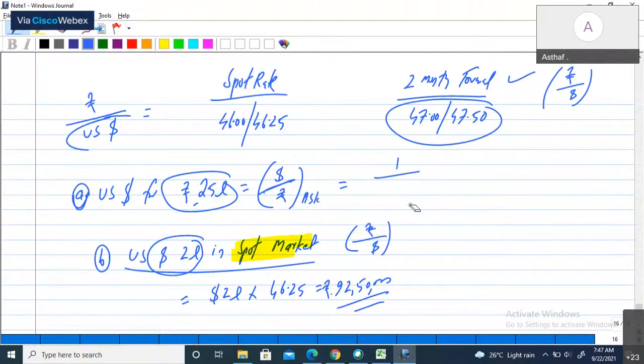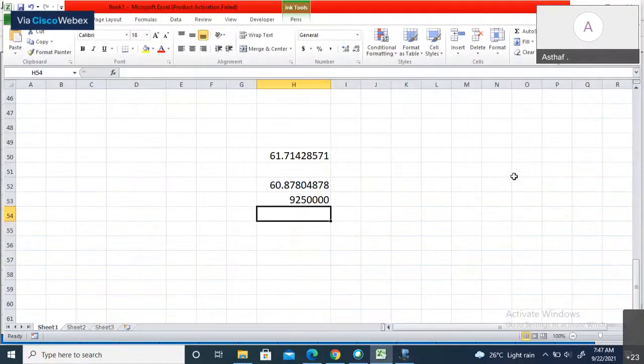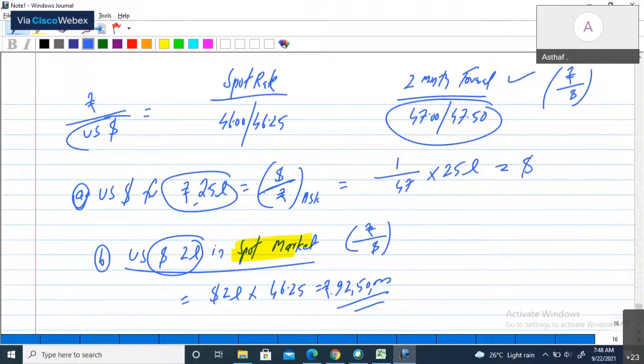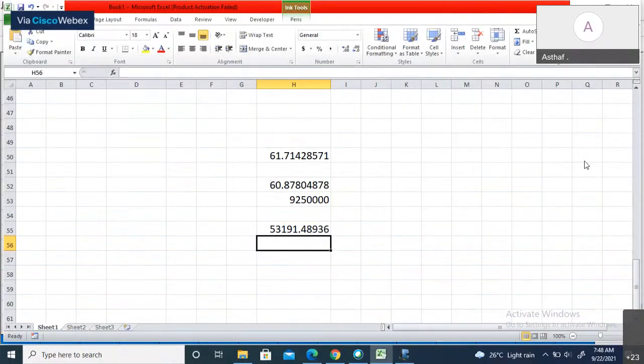So you have to go with 1 by 47 into 25 lakh, which can also be written as 25 lakh divided by 47. You will get an amount of $53,191.